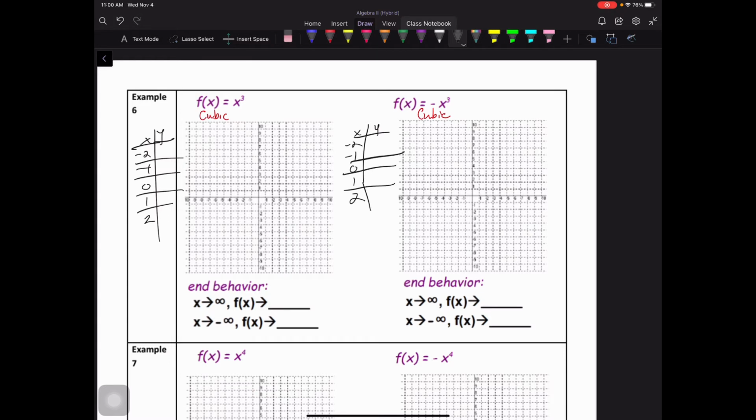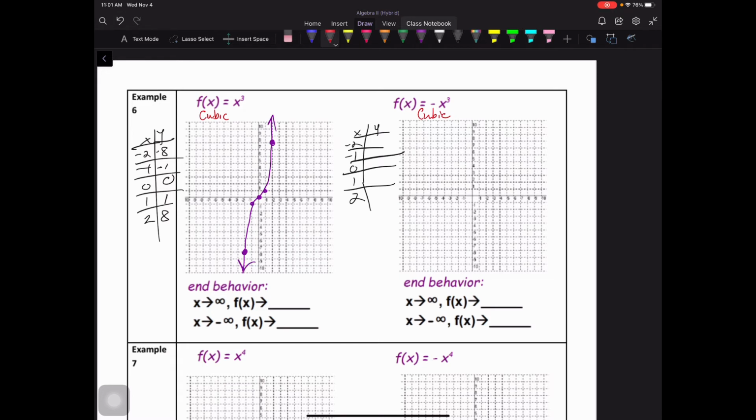Okay, so let's plug these in quickly. -2 cubed is -8. -1 cubed is -1. 0 cubed is 0. 1 cubed is 1. 2 cubed is 8. So plotting these points now, -2, -8 is way down here. -1, -1 is there. 0, 0, 1, 1, and 2, 8. So my cubic function kind of looks something like that.